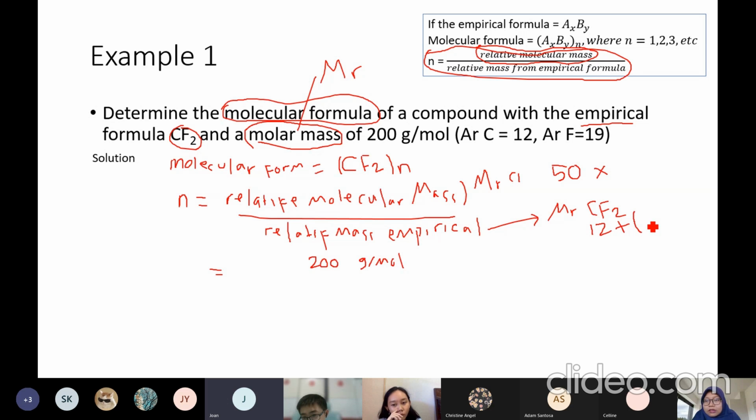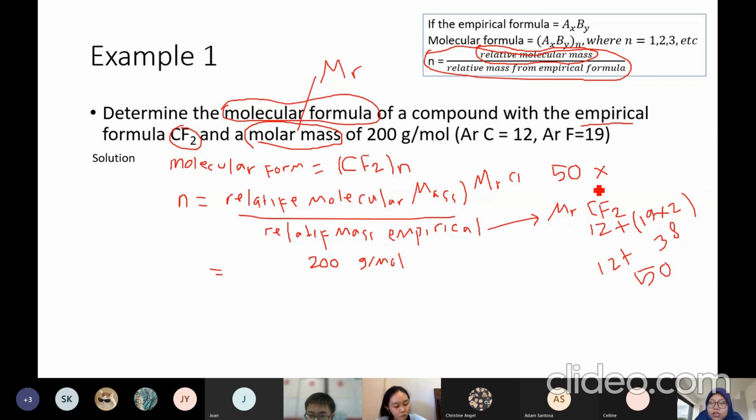Not plus 19, only one fluorine is 19. How many fluorine atoms? 19 times 2 is 38. 38 plus 12 is 50. Yeah, 50.